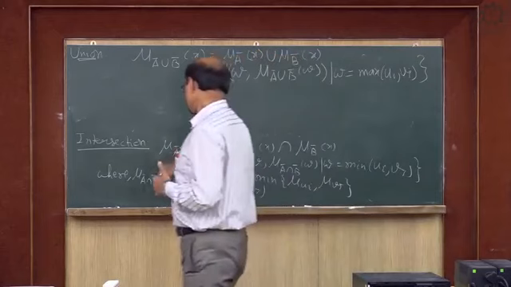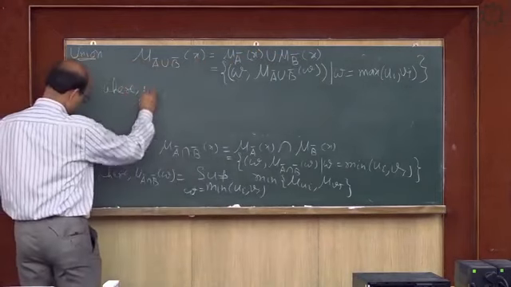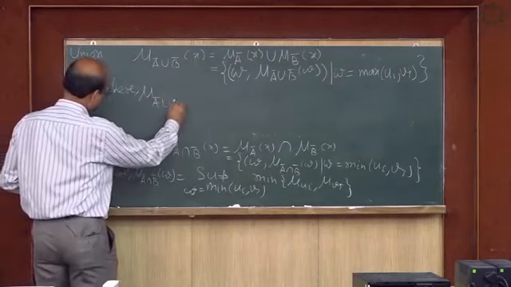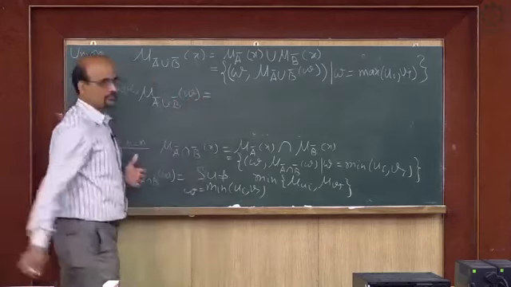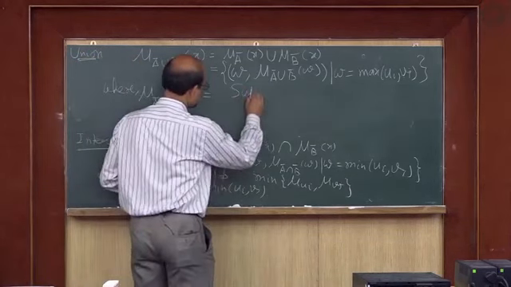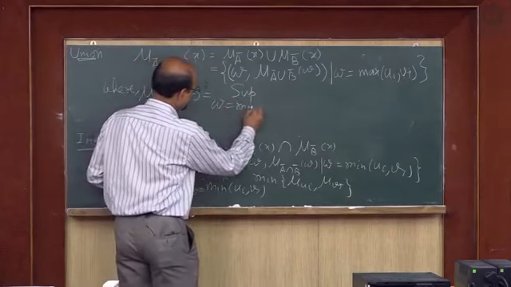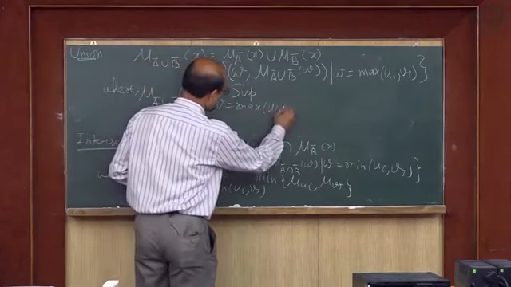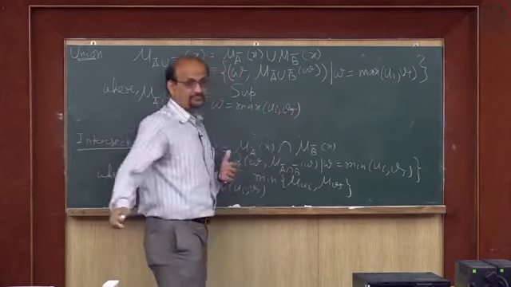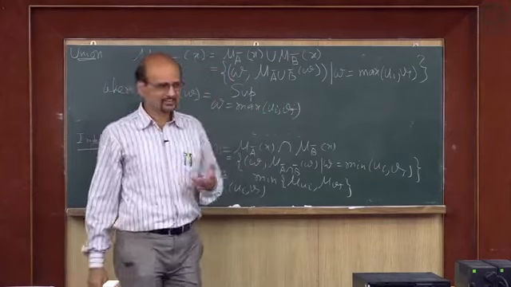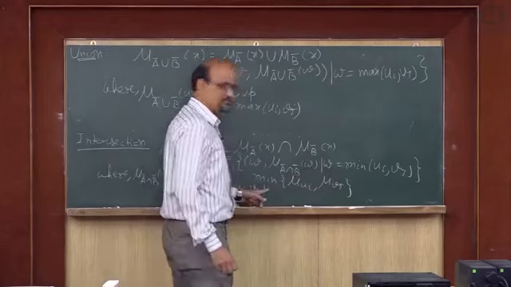Where mu A bar union B bar w is supremum of w is equal to maximum of ui vj, and there it is changed, it will be the same, minimum.